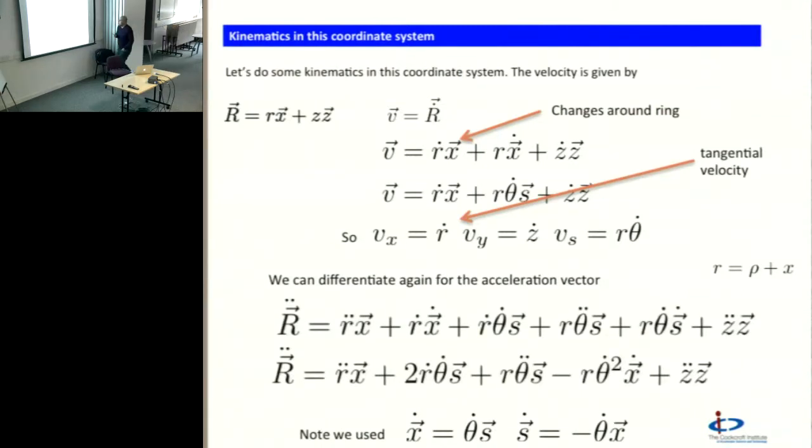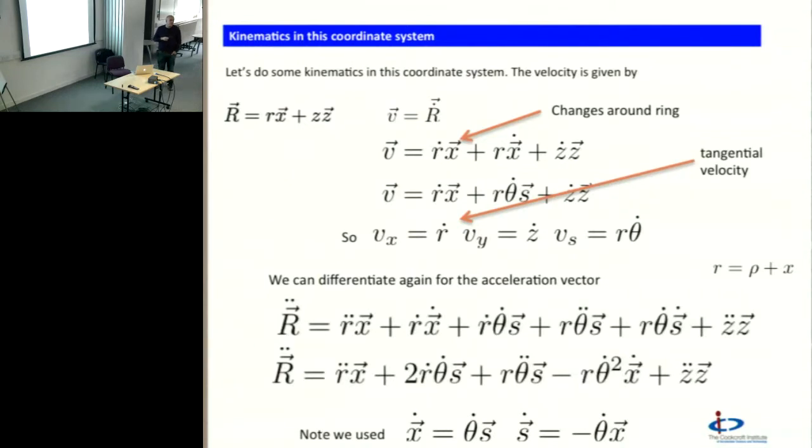So v is just r dot, and if we do d by dt of this thing, we get 3 terms, because z vector dot is 0, because it's always pointing up, but x vector dot is non-zero. So we just use the product rule to expand out and apply the operator, and we haven't thrown away this term because the x vector changes as you go around the circle.